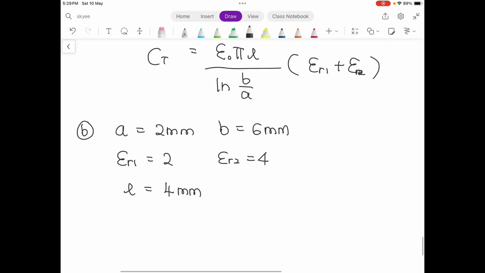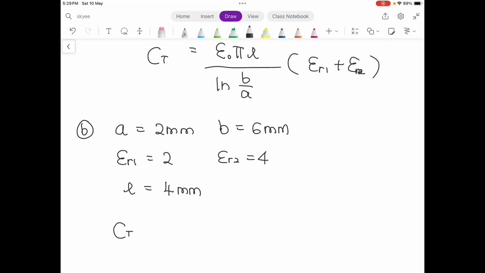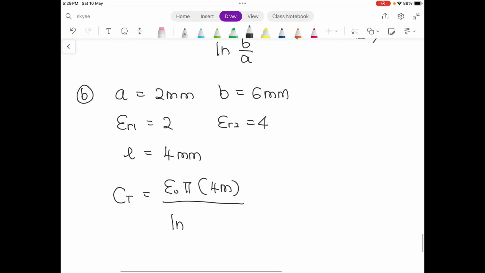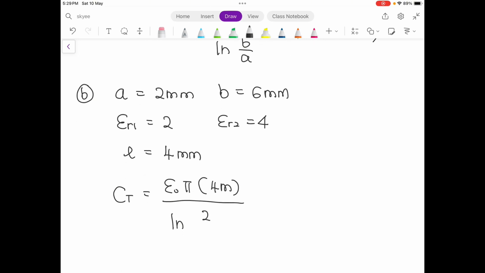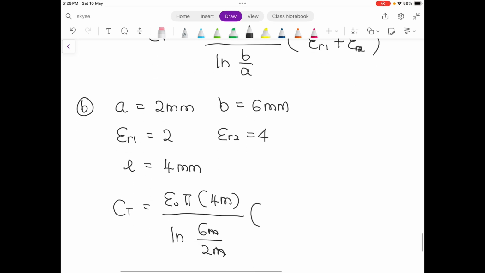So the total capacitance would be pi L, where L is 4 millimeter. Remember to put the milli inside the equation. For ln B over A, this is 6 mm over 2 mm, so the m cancels out. Then here you have R1 plus R2.